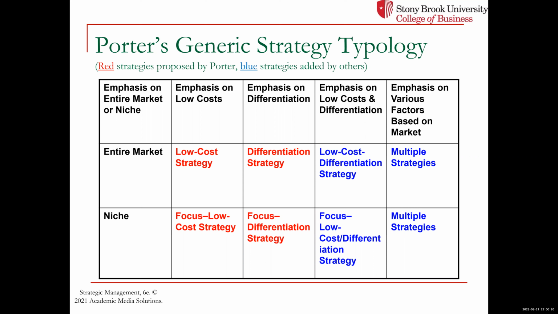And combining these two unique strategies with a different focus on whether the company wants to capture the entire market or focus on a niche market space, these 2x2 combinations result in the 4 generic strategy typology introduced by Michael Porter.